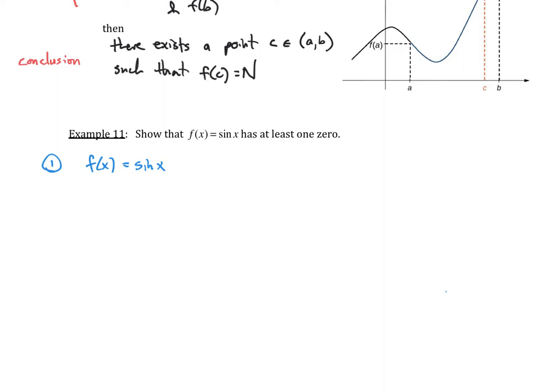I need to pick an A and I need to pick a B. And I happen to know what the graph of sine kind of looks like. So I know that if I let A equal to negative pi over 6, and if I have B equal to pi over 6, I think this is going to work out for us. Just because when you look at the graph, sine kind of looks like this.